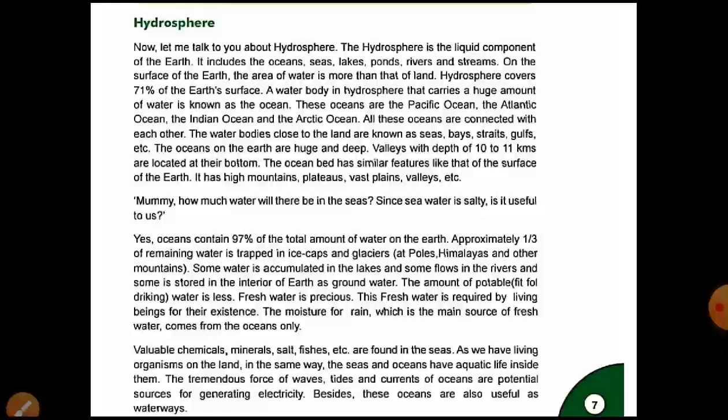His mummy replied that yes, oceans contain 97% of the total amount of water on the earth. Out of the total amount of water on the earth, oceans hold 97%.